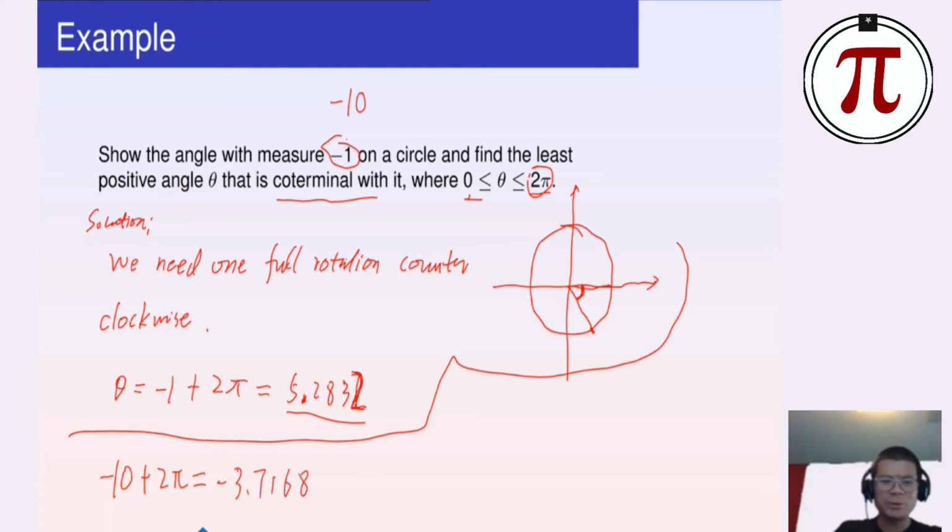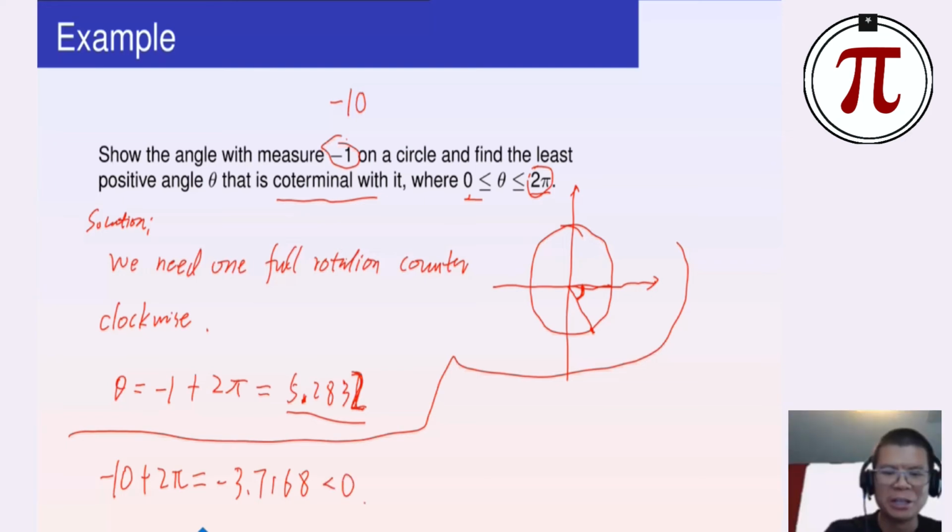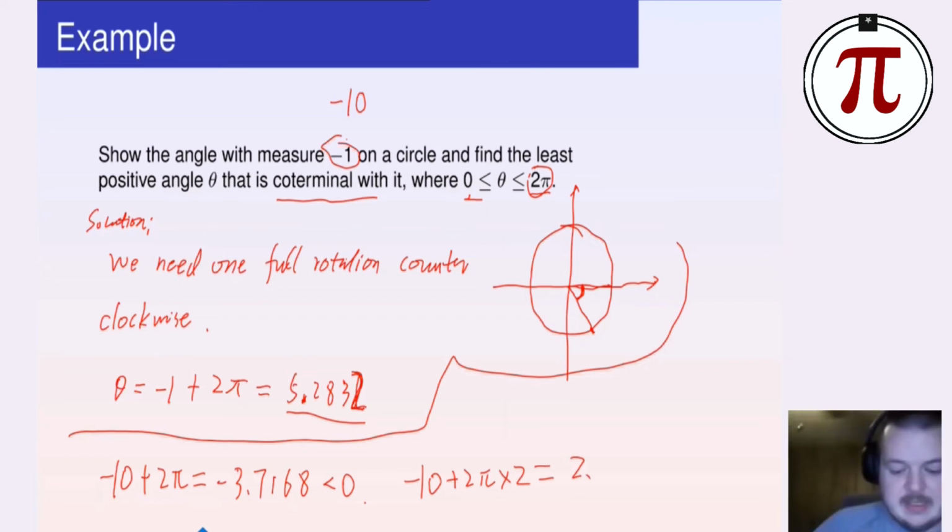It's still less than 0, so you need another rotation. So you need 2 rotations times 2pi, and therefore this one equals what? 2.5664.